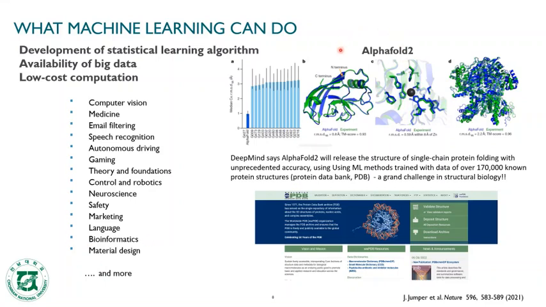AlphaFold 2 is a deep learning network by DeepMind's company. What it can do is predict the three-dimensional protein folding structure with unprecedented accuracy, which was a very big challenging problem in the structural biology field.